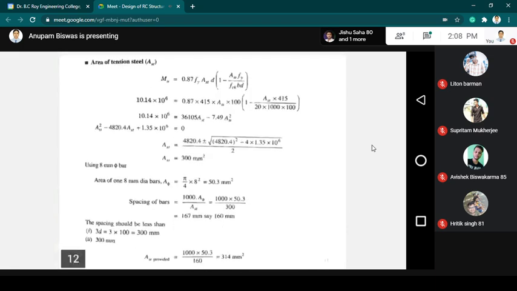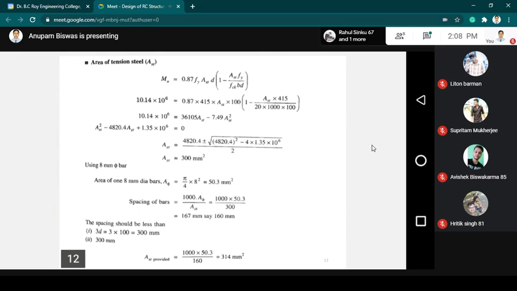Next step is the area of tensile reinforcement. To obtain the tensile area, we know the formula. We can equate the value of Mu with the equation 0.87 fy Ast d multiplied by 1 minus Ast fy by b d fck. Here the value of Mu, the factored moment, is known, and the only unknown is Ast.